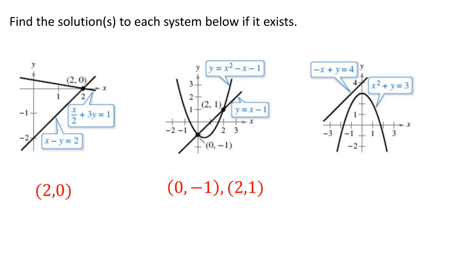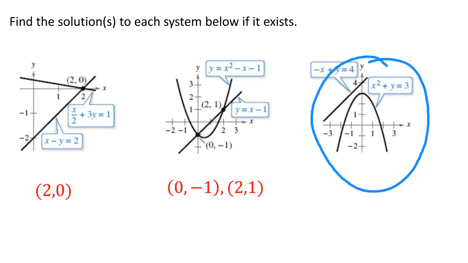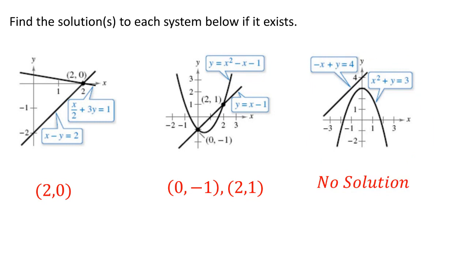This is a nonlinear system again because we have a line and a parabola. The solution for this system is going to be where? Notice that the line and the parabola do not intersect, and when that happens, we see that there's no solution.